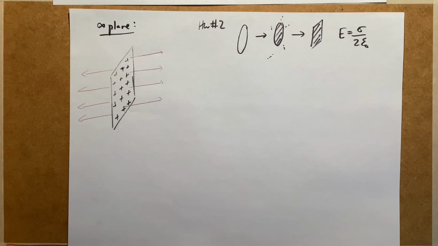So what it essentially means is that the field can't spread out. And if the field can't spread out, well, it's uniform, okay? So there is a symmetry argument to be made there. And so here is where we write down Gauss's law.